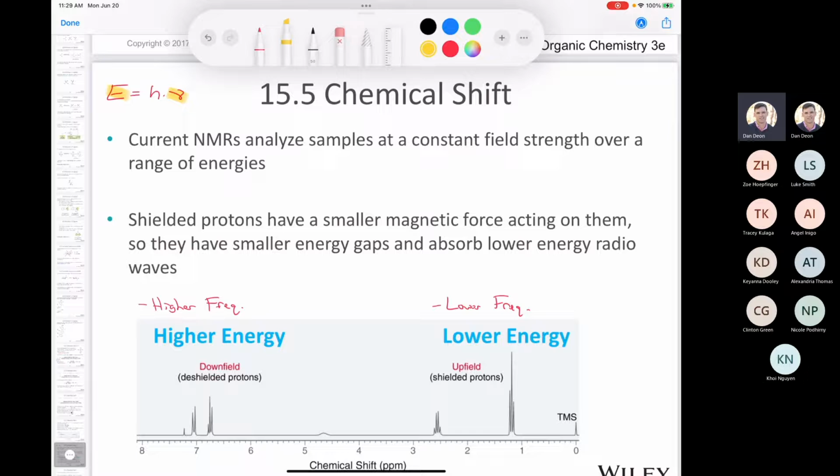And that means it's going to cost less energy to cause them to go into resonance. And so if we have shielded protons, they're going to absorb upfield or at lower energy or lower frequency. Whereas if we have de-shielded protons, they're going to absorb at a higher frequency, a higher energy, or we could say they are shifted downfield. Any one of those ways of describing it is perfectly reasonable.